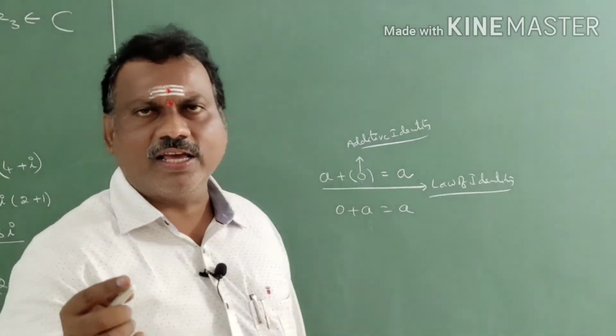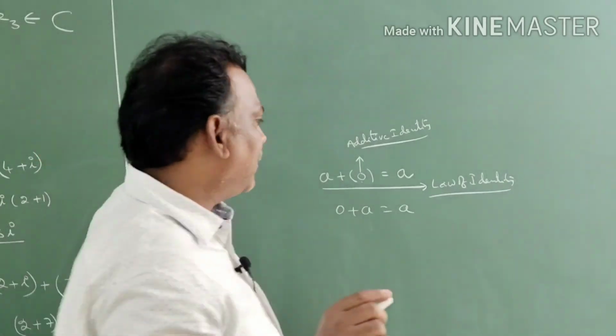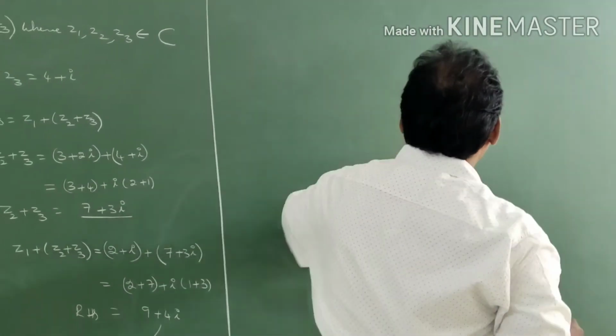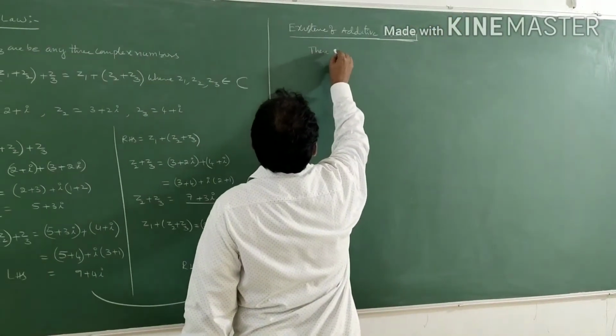So this is already true for real numbers. Now we are going to check it for complex numbers. How do we check in complex numbers?